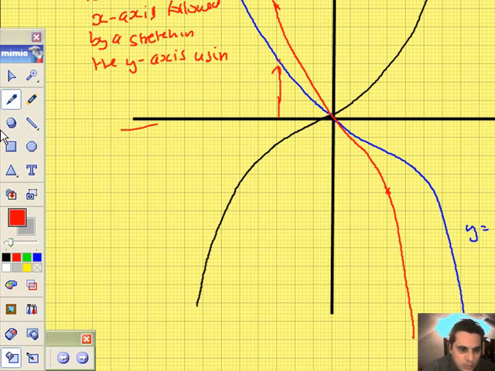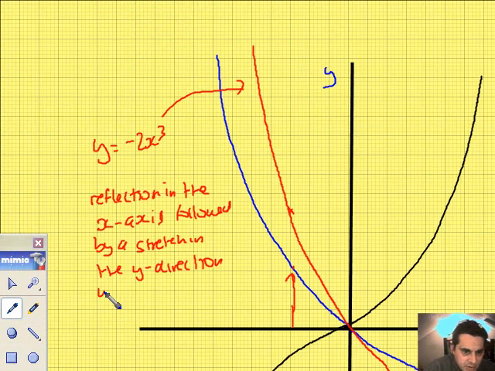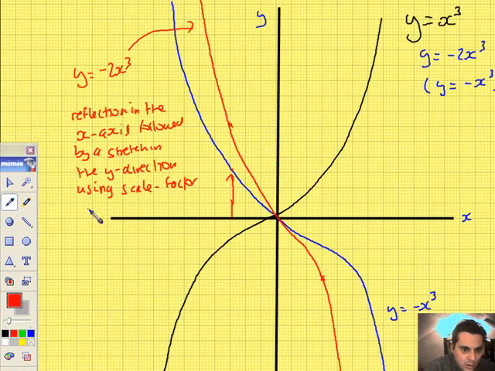Stretch in the y direction using scale factor of 2. Oops, that's the phone.